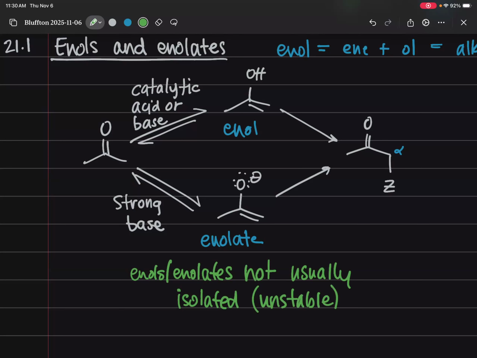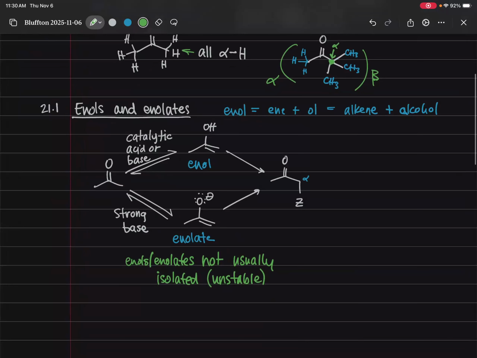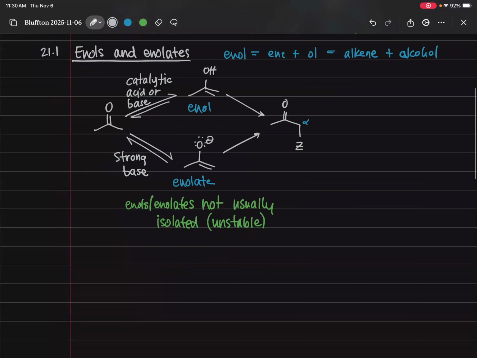They're just used as intermediates to get from one carbonyl compound to another. Also, you'll notice that I've drawn equilibrium arrows between the enol and the carbonyl and the carbonyl and the enolate. And so assuming you have catalytic acid or base, a ketone will go back and forth between ketone form and enol form. So let's talk about that in some more detail with some examples.